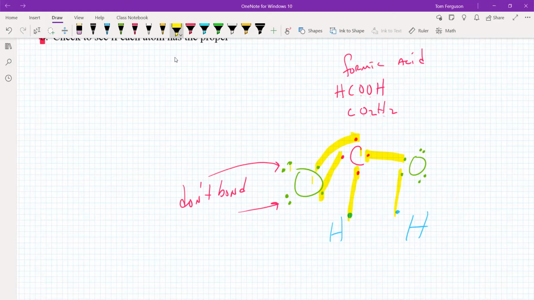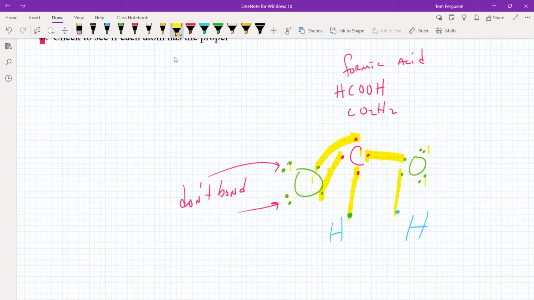Okay, same over here on the right side. You have 2, 4, 6, 8. So oxygens are in good shape. What about the carbon? Carbon's got 2, 4, 6, 8. Carbon's in good shape. Hydrogen needs 2, or excuse me, hydrogen needs 1 bond with 2 electrons. So we have 2 and 2. So the hydrogen's in good shape.